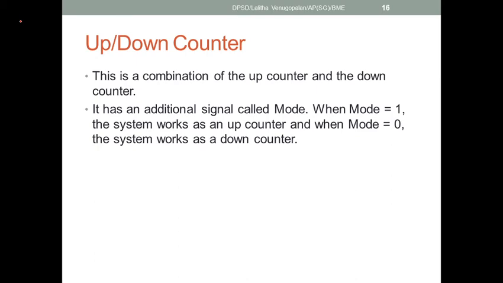The same circuit, depending on how you are wiring it, can be used either as an up counter or a down counter, or you can have an additional input along with your clock and your logic 1 that can be called the mode, and that can be used to switch between the up and the down counter.